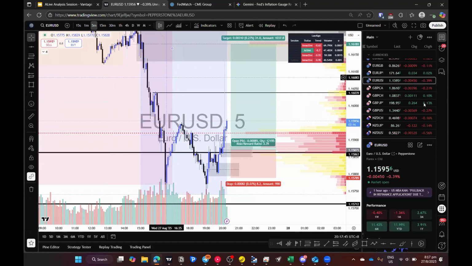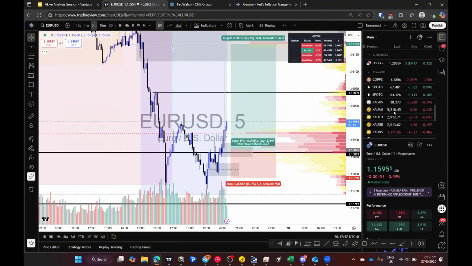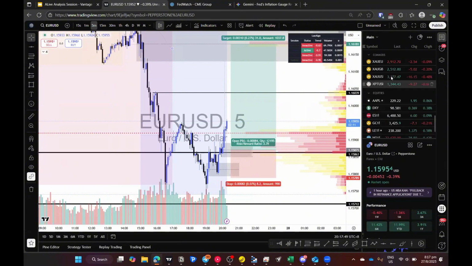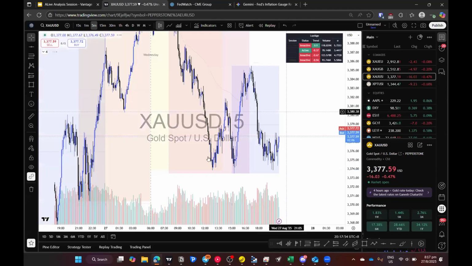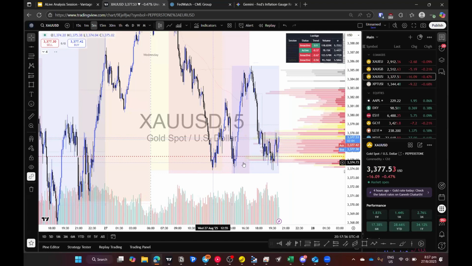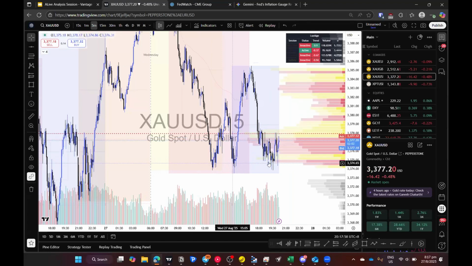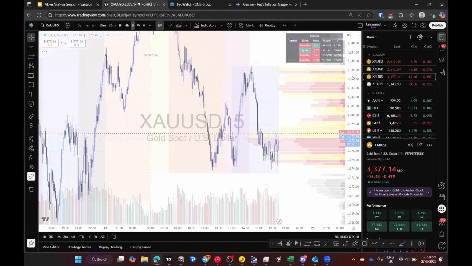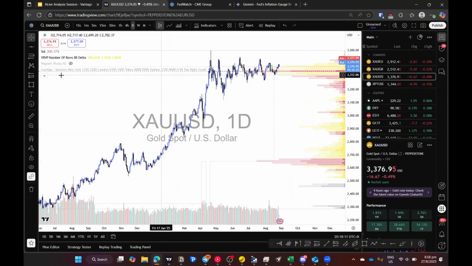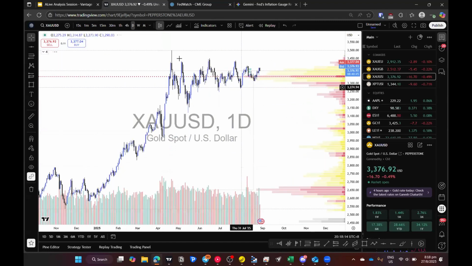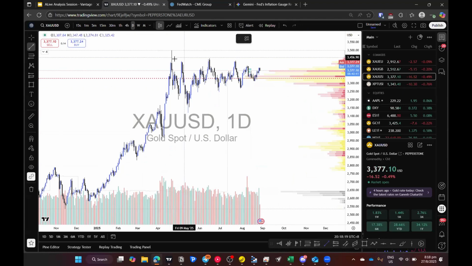So let's look at gold. We're kind of seeing strong support here, this area, and then this area as well. But on the higher time frame, the daily time frame, you can see the consolidation happening sooner.